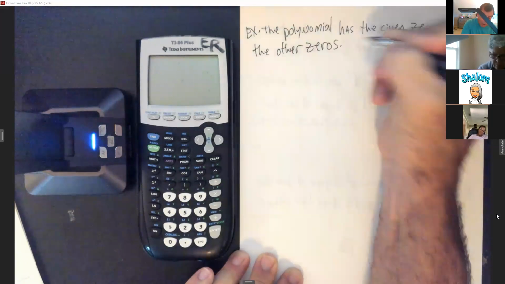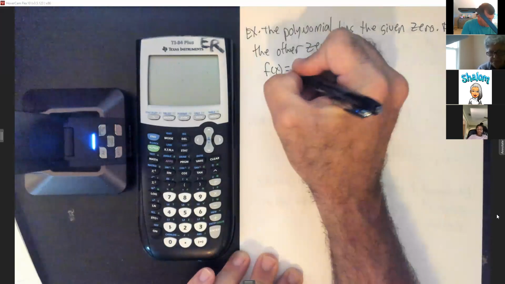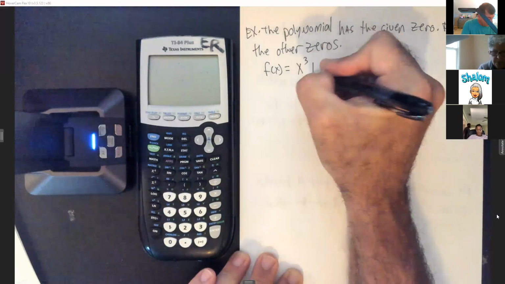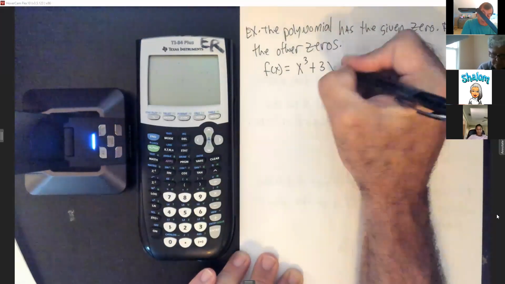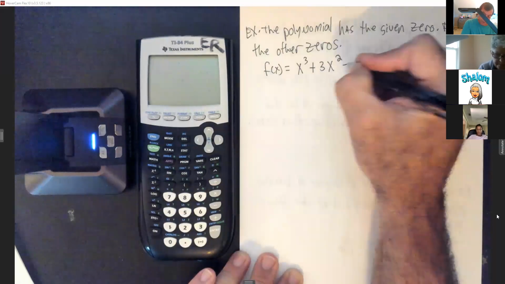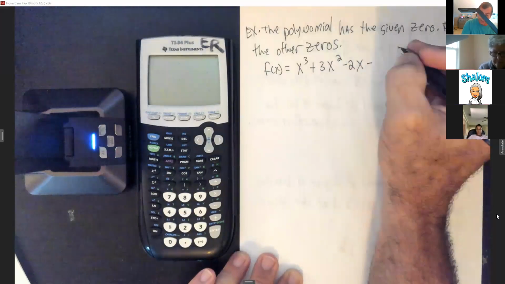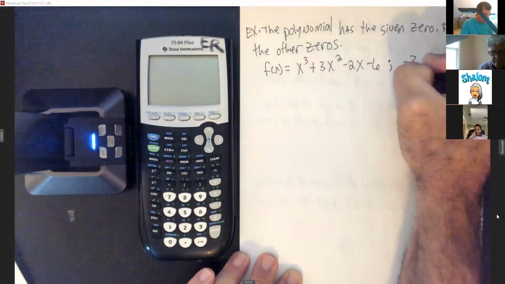All right, so my polynomial is f of x equals x to the third plus 3x squared minus 2x minus 6. The number I'm checking is -3.